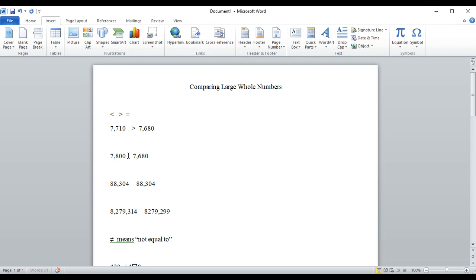So let's look at the next one. We have 7,800 with 7,680. Again, a 7 in the thousands place. So we go to the next digit, which is an 8 here and a 6 there. So this number is greater. 7,800 is greater than 7,680.